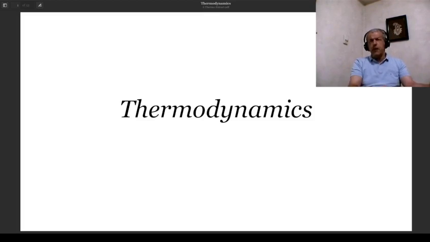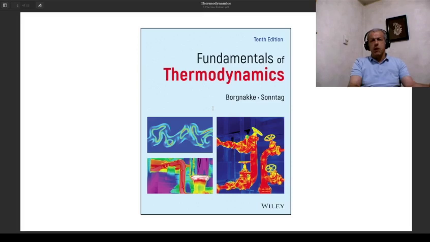and then use that book for that topic. Now, the first book I introduce is the one originally by Van Wylen, now with students and friends, Borgnakke and Sonntag. The book has continued to its 10th edition. This is a very good book for examples and for problems.